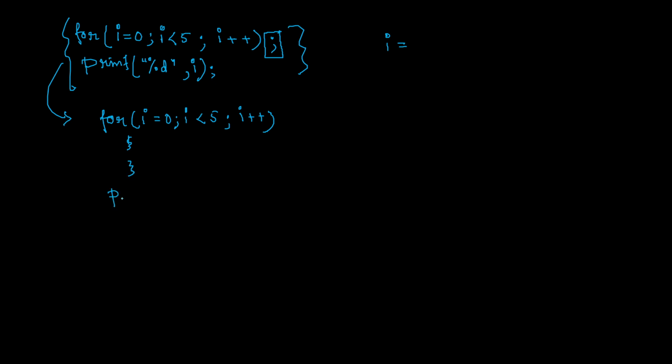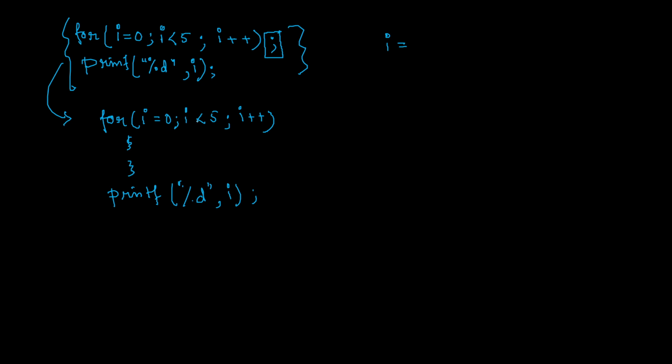And then as an independent statement I have %d and then I, right? Now you see, until this for loop stops, this printf statement will not execute. And when will this for loop stop? This for loop will stop when I becomes 5.